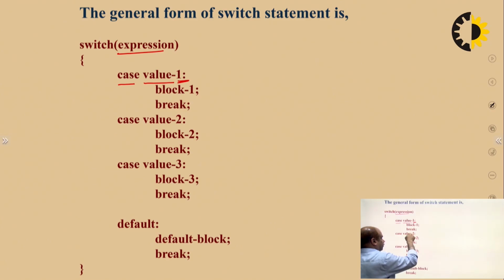Then the block will be there, and we can write the block or use curly brackets also. After that we use the break statement. If we do not use the break statement, it will be a fall through condition.